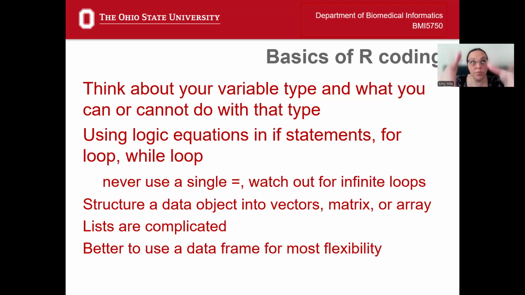We could have numeric measures, we could have categorical measures. And we also talked about how with those categorical measures, we can factor them so that R knows these are the set levels of my category, and this is the order that I want them to go into.